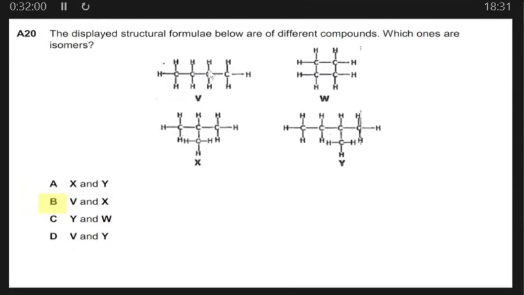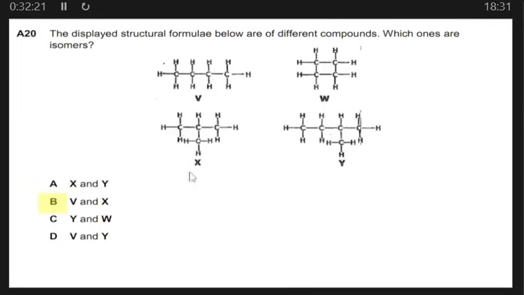There are 1, 2, 3, 4. Even here 1, 2, 3, 4. Then the hydrogen here, there are 1, 2, 3, 4, 5, 6, 7, 8, 9, 10. Even here 1, 2, 3, 4, 5, 6, 7, 8, 9, 10.